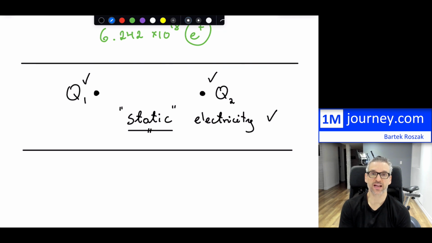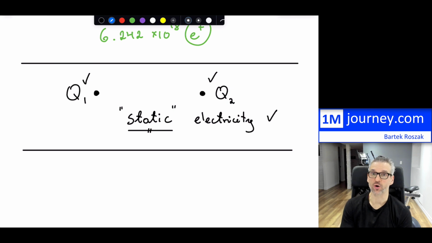You can only transfer it, or the charges can combine. So electrons can bind with a proton and they can cancel each other off, but you can't actually create or destroy them in any particular way. That is pretty neat, and you should know that charge is conserved, which means whatever you start with is the amount of charge that you end with.